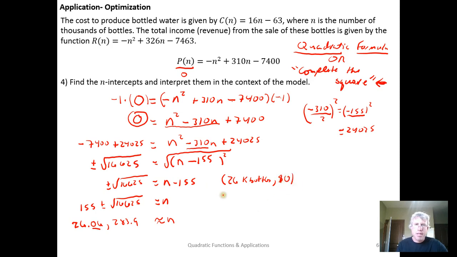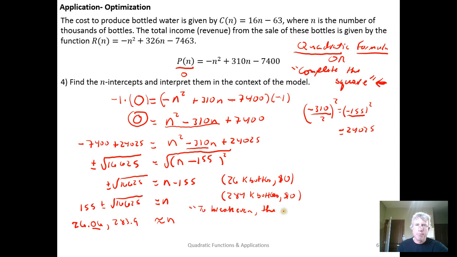I haven't lost money. And my other intercept is telling me that if I sell 284,000 bottles, I will also make $0. And my interpretation would be to break even or have a profit of $0.